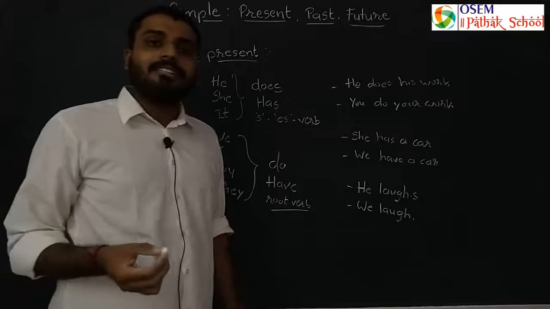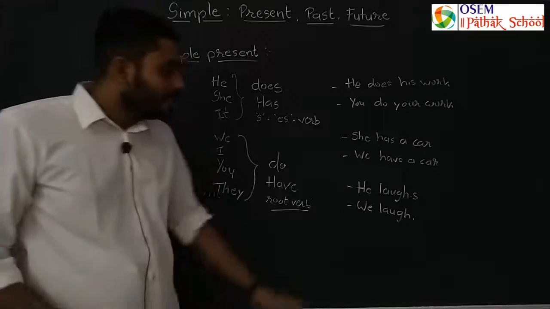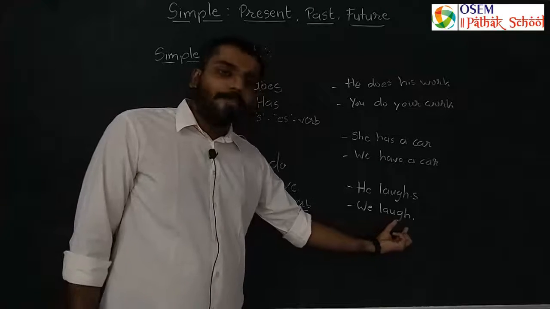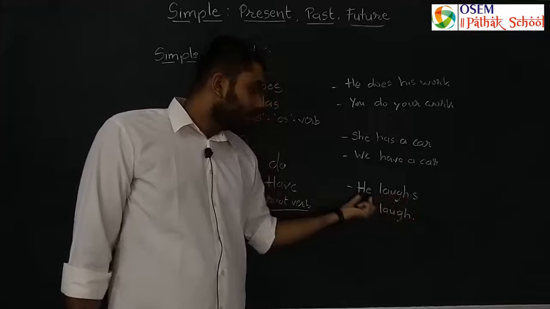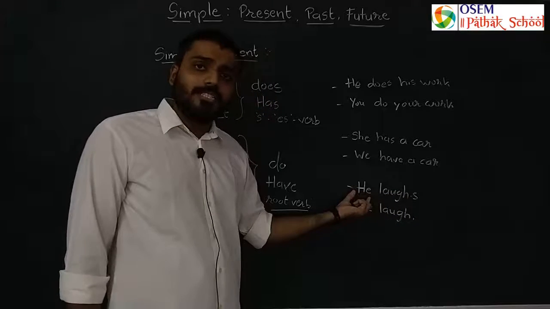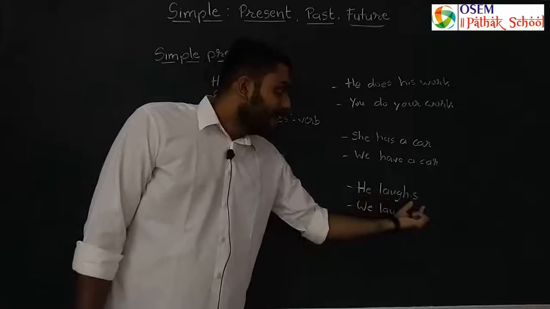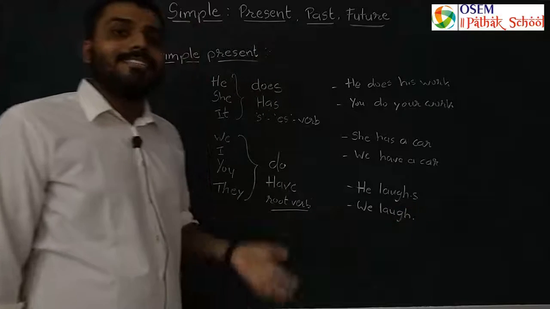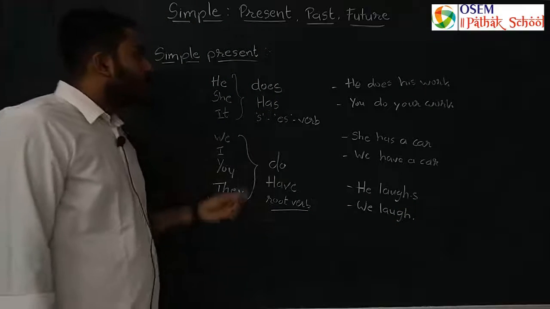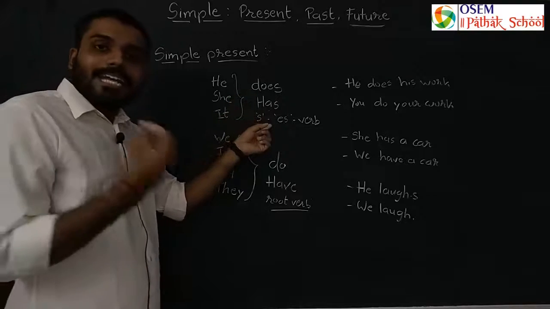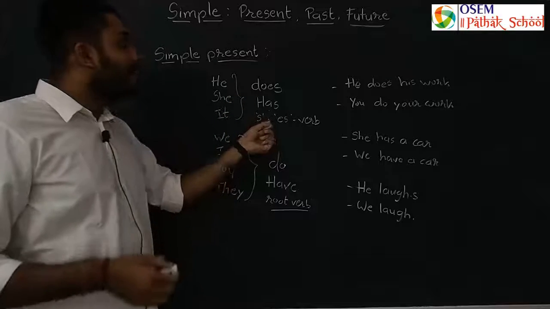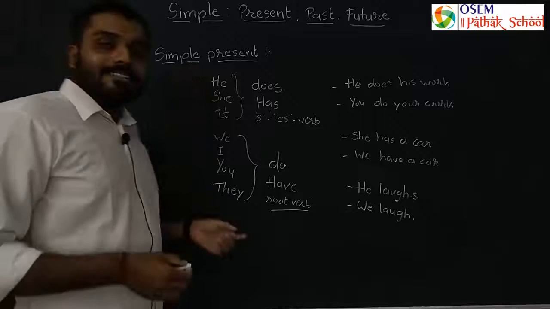Root verb is a simple verb form. Laugh. So laugh is a main verb. We add s or es according to the situation. And if we are using he, she, it, we will add s or es at the end of the verb. So he, she, it के साथ does, has and verb के end में s और es लगाना है in the simple present tense.